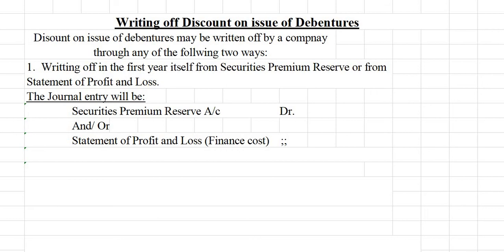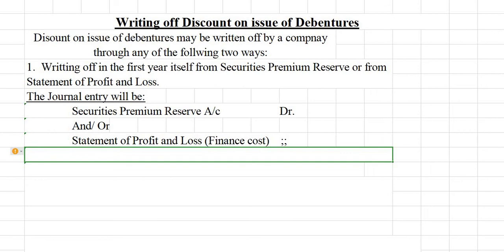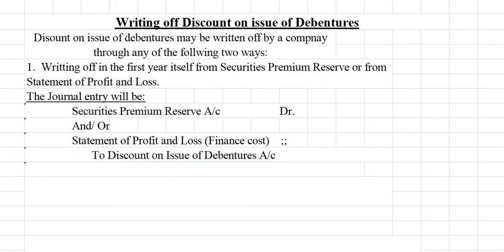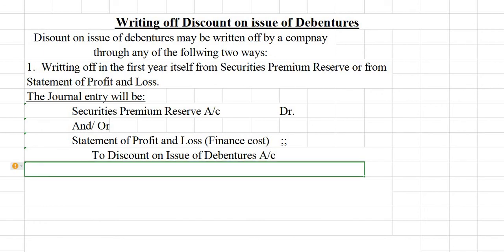Okay, that is why it is written securities premium reserve account debit and or statement of profit and loss, to discount on issue of debentures or loss on issue of debentures. We can write either discount on issue of debentures or loss on issue of debentures account.